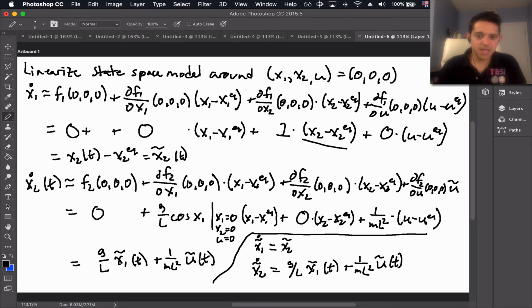Now note in the first state equation, we don't have any coefficient for x1 or u. In the second state equation, we don't have any coefficient for x2. But most importantly, what we now see is that we have a linear set of state equations, a linearized set of state equations, all in terms of these perturbation variables, x1 tilde, x2 tilde, and u tilde.